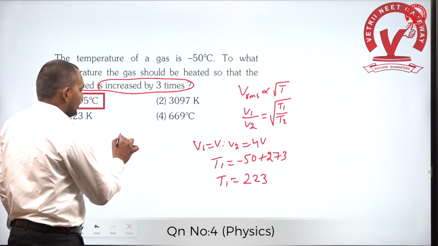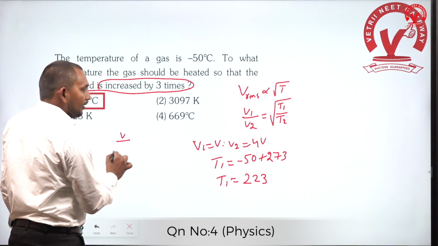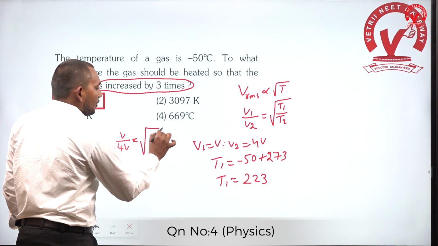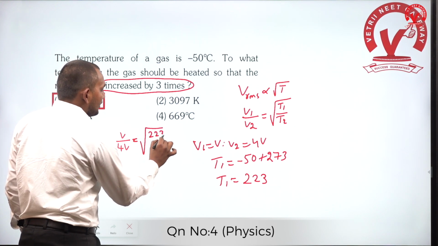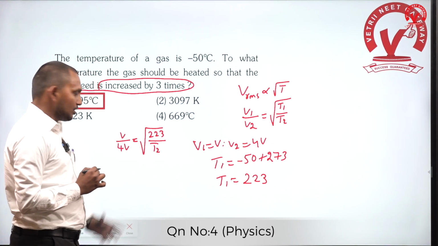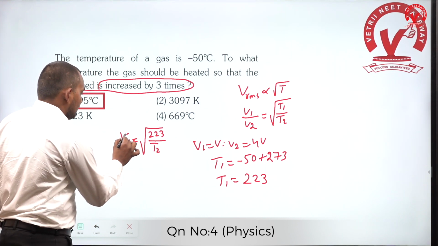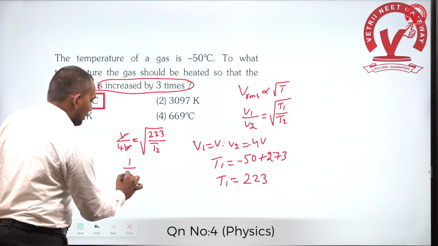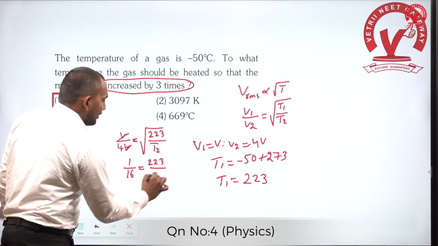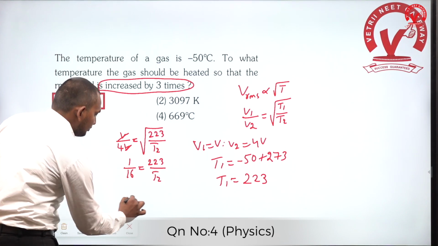V divided by 4V is equal to square root of 223 divided by T2. Squaring both sides, then 1 by 16 is equal to 223 divided by T2.